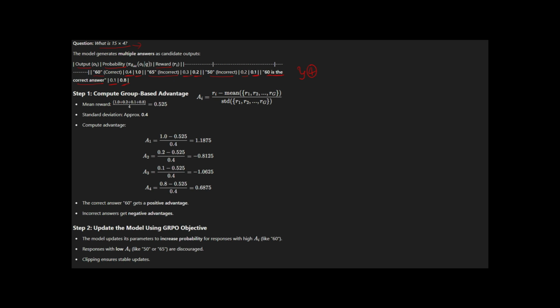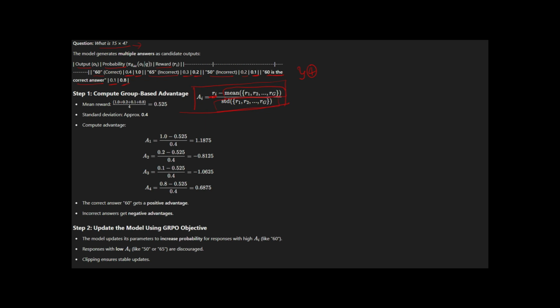We will look into the full equation of GRPO at a later stage, but in GRPO we have a calculation of the advantage function. So we took the advantage function from GRPO. The advantage function is nothing but the reward of the output minus the mean of all the rewards, divided by the standard deviation of the rewards.